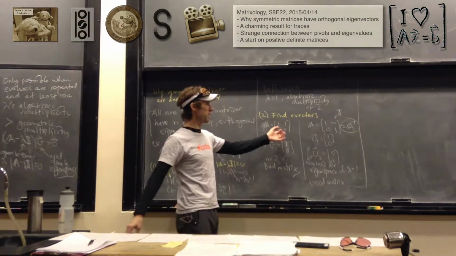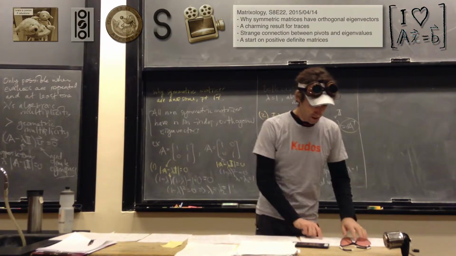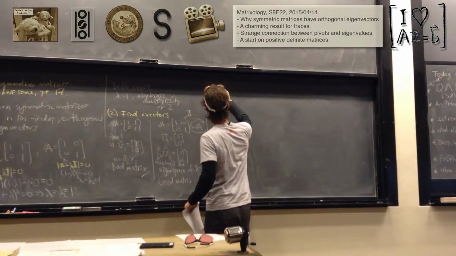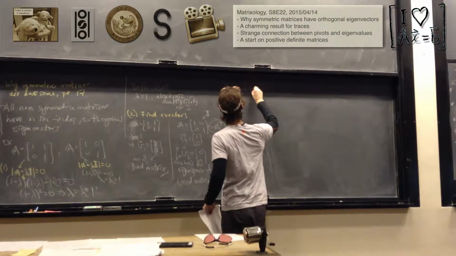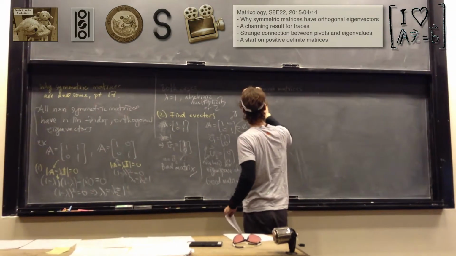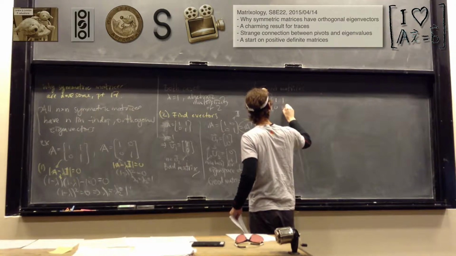So what we're going to do is tweak each one. Tweak the matrices. We're going to add a little epsilon in here. So we'll have A equals [1, 1; 0, 1 plus epsilon].